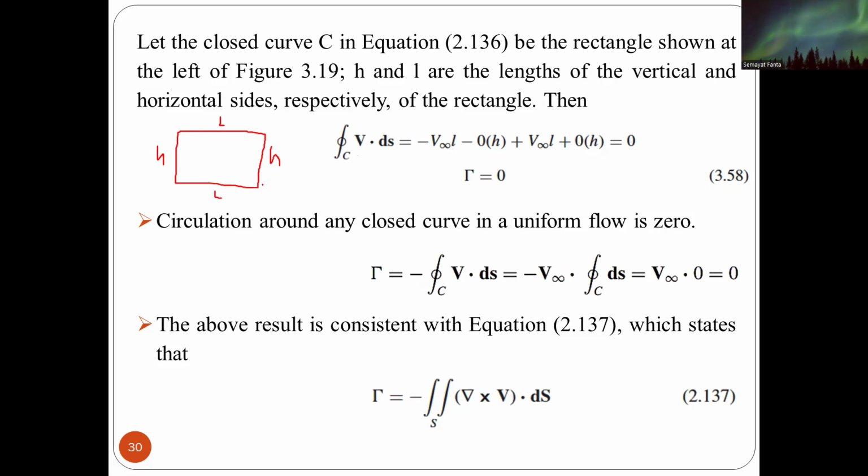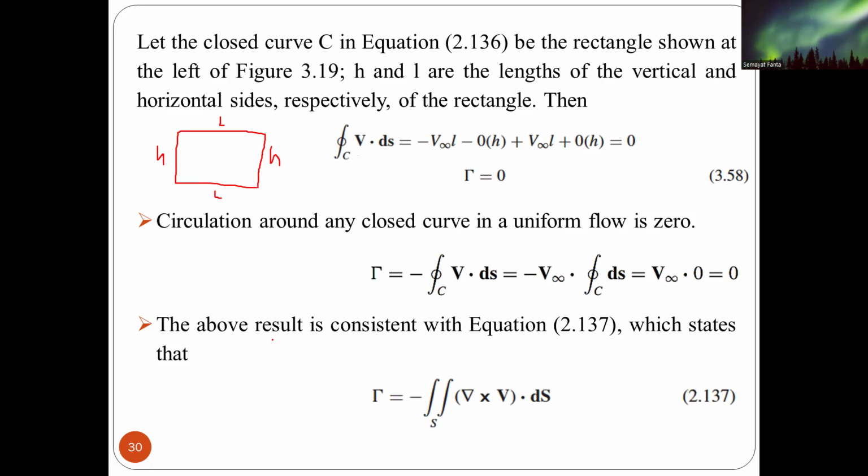So for any closed curve in uniform flow, the circulation is 0. So the integral of V dot ds is equal to 0.